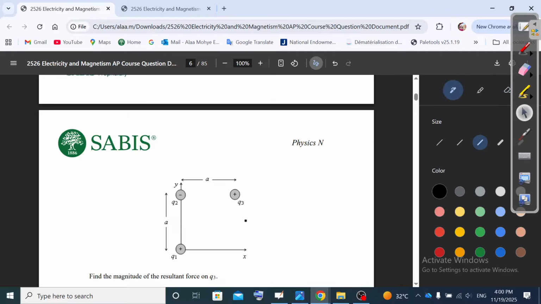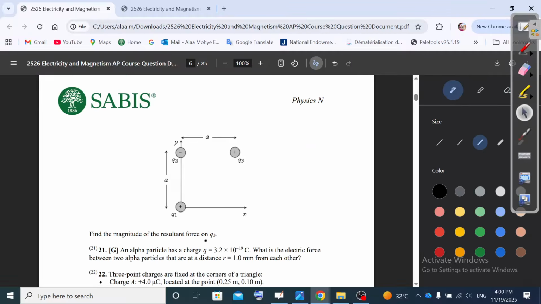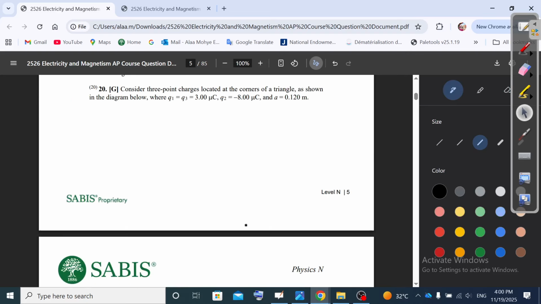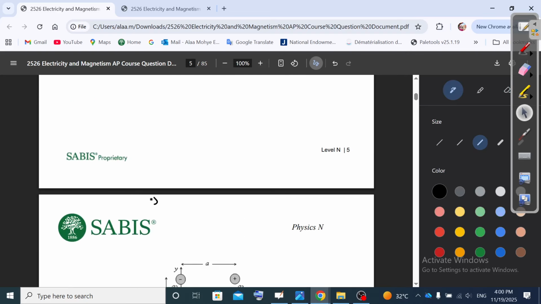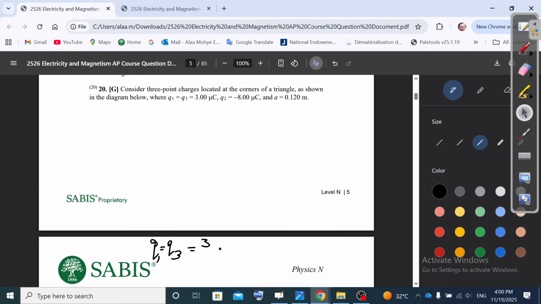Okay, so they want the magnitude of the resultant of Q3. They told you that Q1 equal Q3 equal 3 microcoulombs. And they told you Q2 is minus 8 microcoulombs. And they told you A is 0.12 meters.